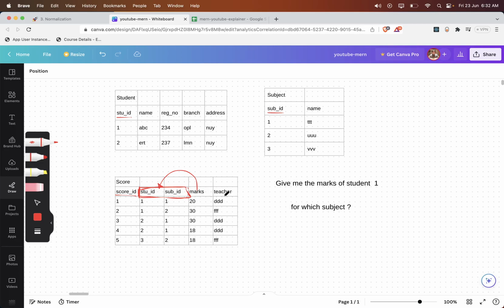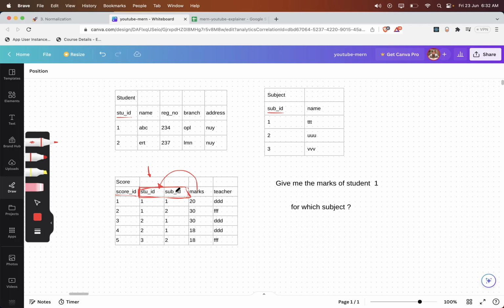But if you talk about the teacher, from this primary key, teacher has nothing to do with the student column. Teacher is partially dependent on the primary key. Inside the primary key, teacher is only dependent on the subject ID. So this is the subject, this is the teacher. We generally don't ask who is the teacher for a particular student for that subject.